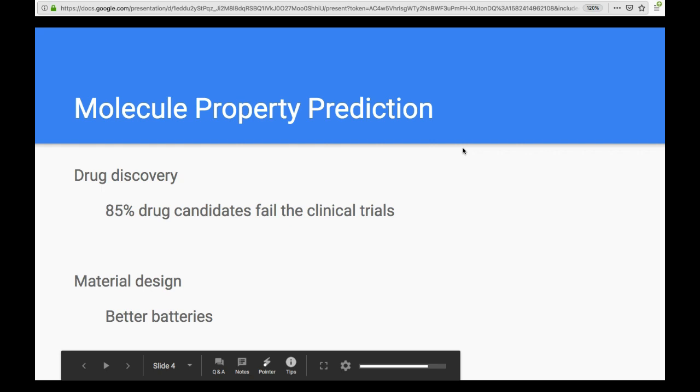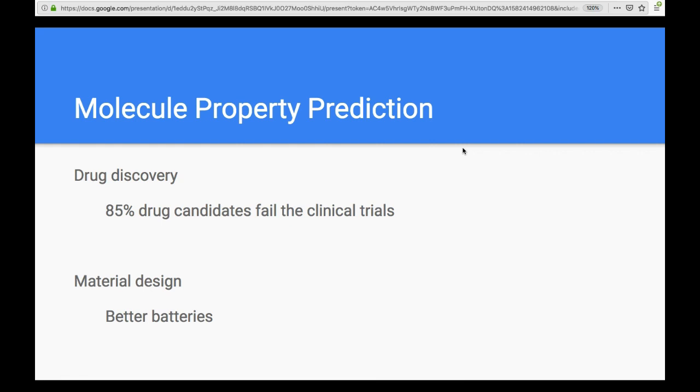If we can really predict molecule properties better, for example how toxic these drugs can potentially be, then we will increase our success rate a lot, save a lot of money, and shorten the development cycle of a drug, which will benefit so many people on Earth.